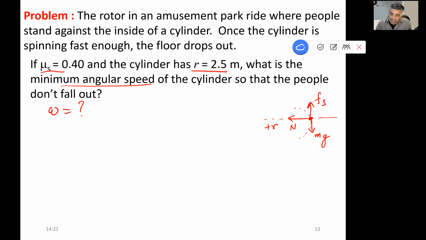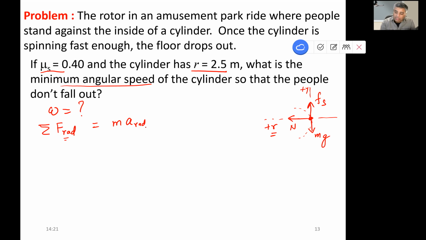If that happens, it's just another way of noting down the axis, and we can keep this as y, positive y. Okay, so now what's Newton's second law for circular motion? Radial. See, that's why this r helps. It's mass times a radial, just a r or a rad.